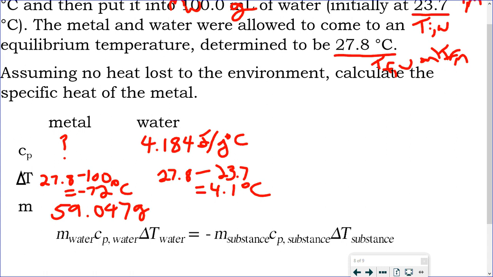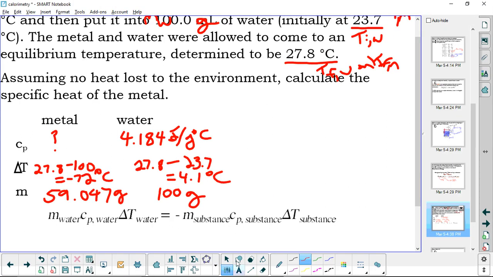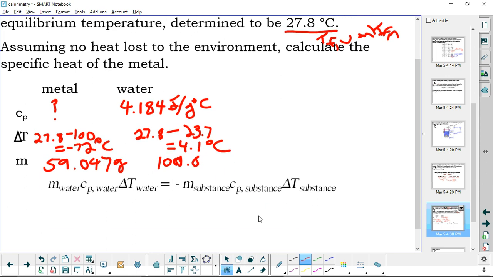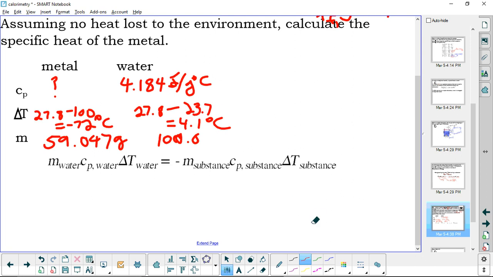And I know the mass of my water, which is the milliliters of water in grams, is 100.0 grams.